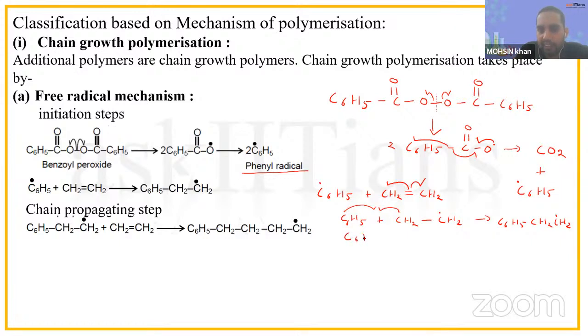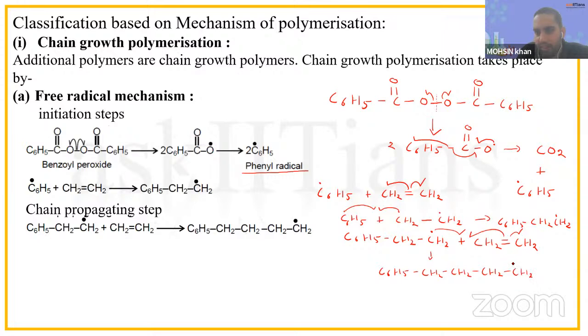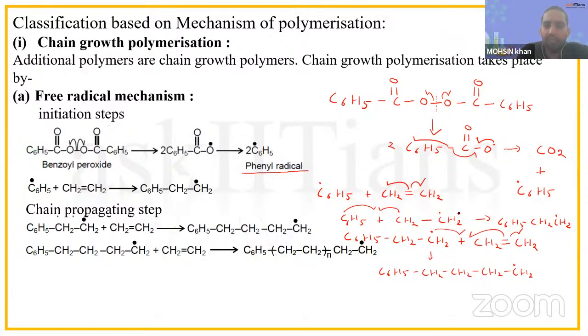The reaction occurs again here: homolytic fission of the bond will occur, and we will get a C6H5 CH2 radical again, and the reaction will go on like this. We do the same process until all the molecules are consumed.